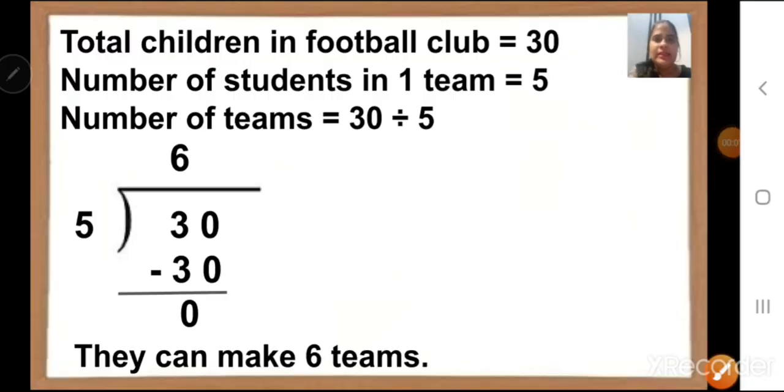Now let us see how we are going to frame our word problem statements. Statements are formed with the help of the question. In the question, whatever information is given, that is our statement. In our question, it was given that total children in football club is equal to 30.